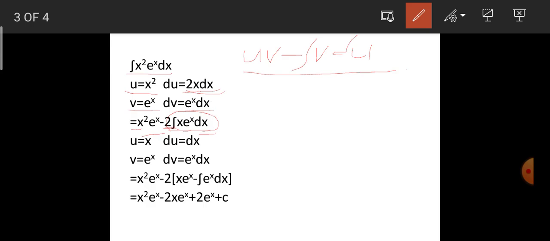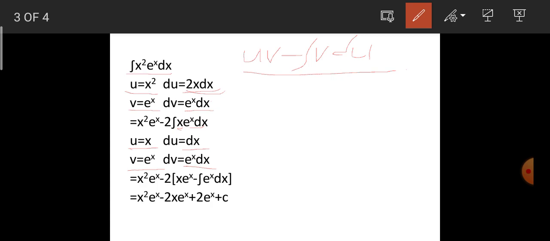So we can let again x be u and e to the power of x be v. The derivative of x is just dx, and the derivative of e to the power of x is e to the power of x dx. Since we now have the values of u, v, and du, we can solve the problem.